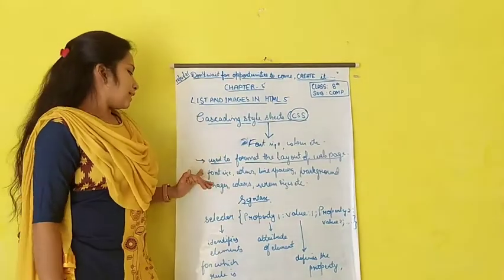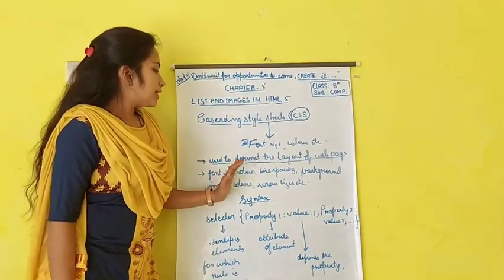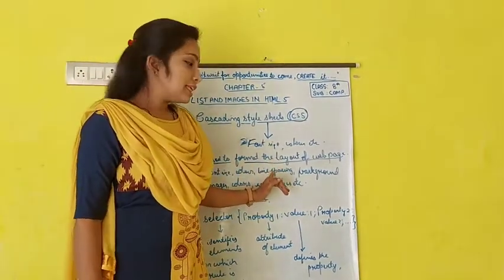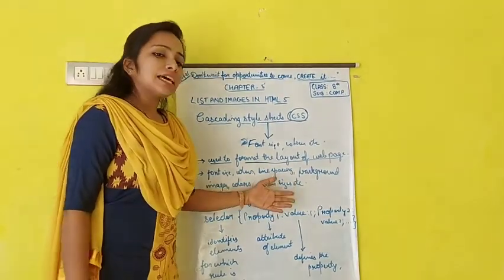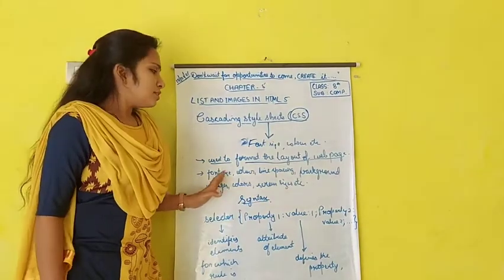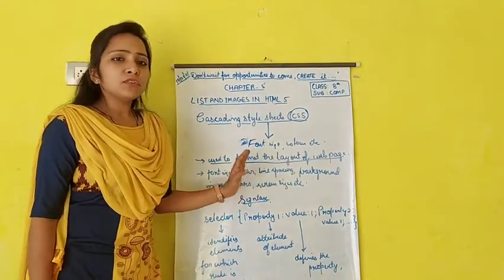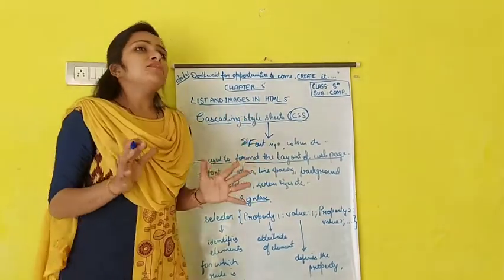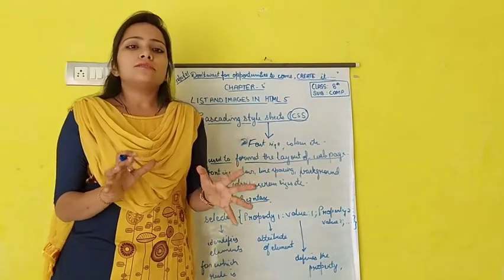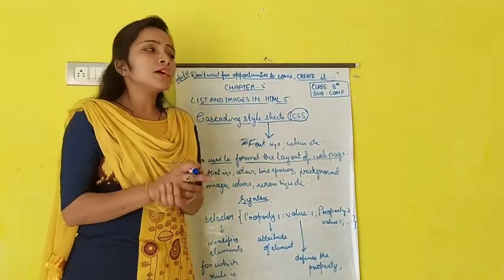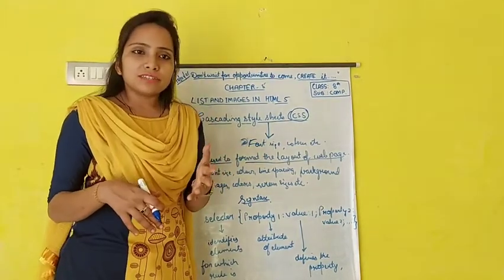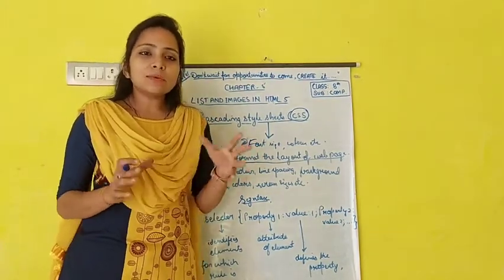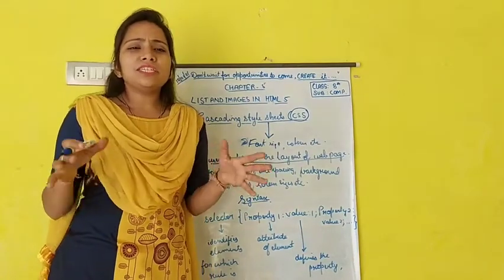Second, it will control font size, font color, then line spacing, then background color, background images, screen size, etc. These are the main things which we find. When we find a colorful book, we find it easier and also interesting to read. But the books which are black and white, we just don't like to read.